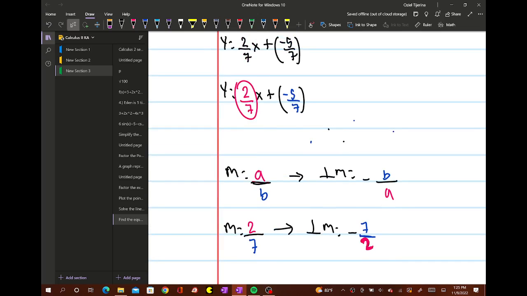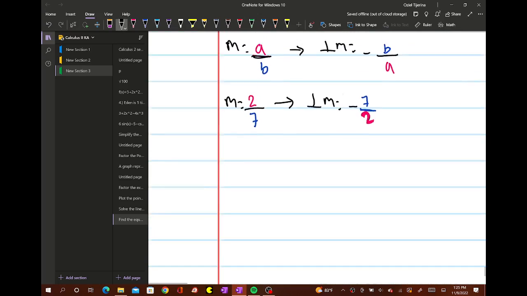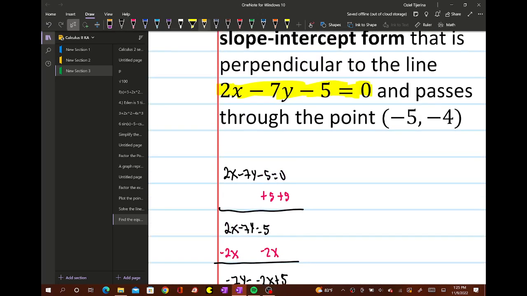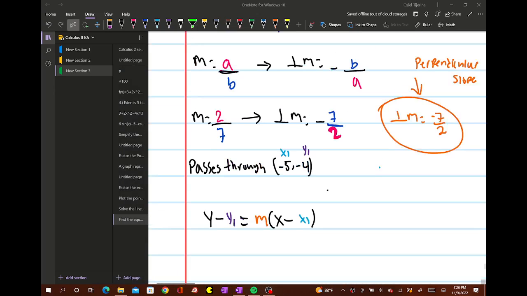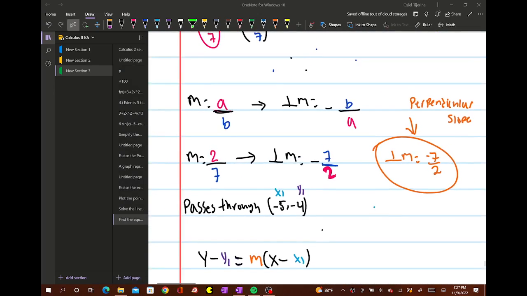Then we want the line to go through the point, and this other part says that it passes through the point (-5, -4). First of all, we found our perpendicular slope.